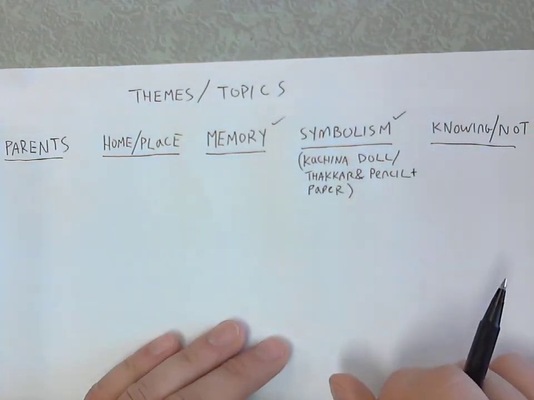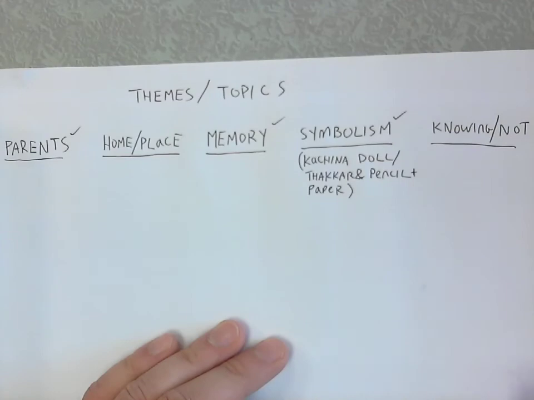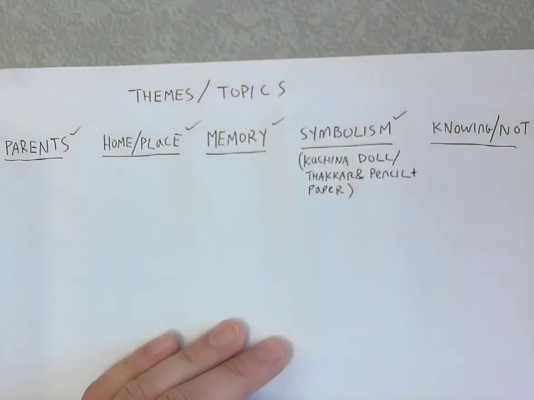Over here, parents. Okay. And home and place. You guys get knowing and not knowing. Do we have 5 groups or 6 groups? We have 6 groups. Knowing and not knowing is pretty hard. Could we get 2 groups doing that one?